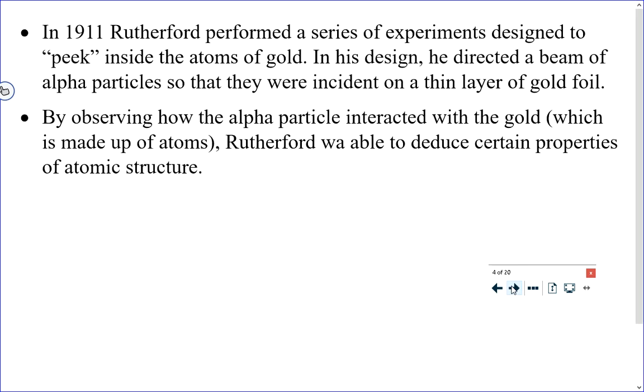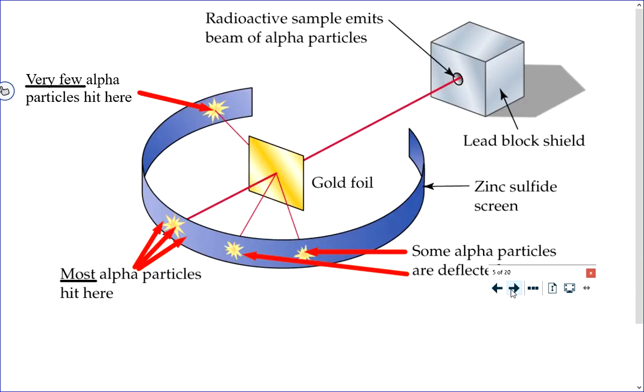So by observing how the alpha particles interacted with the gold, and gold is made up of atoms, Rutherford was able to deduce certain properties of the atomic structure. What he discovered in the experiment is most of the alpha particles, probably about 95% of them, went through the gold with very little deflection. So what you're looking at now, we have a zinc sulfide screen that is wrapped around the apparatus, and basically a zinc sulfide screen is a chemically treated screen that will light up when an alpha particle hits there.